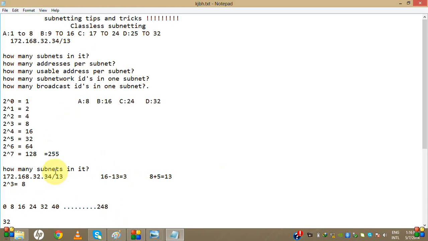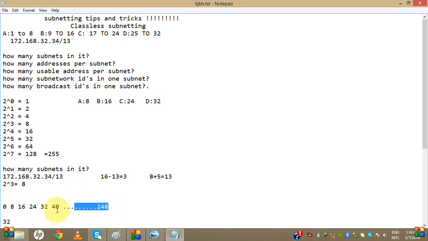The table goes from 0 to 248, having exactly 32 values, like 0 is 1, 8 is 2, 16 is 3, 24 is 4, and it goes onward to 248.